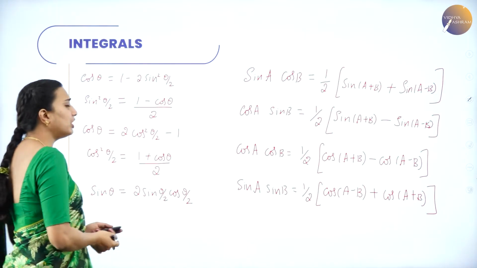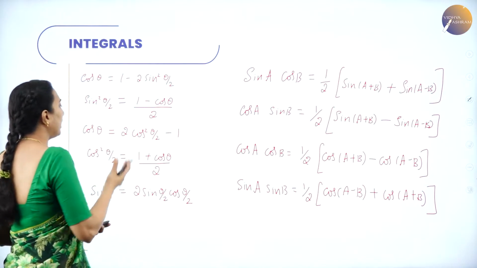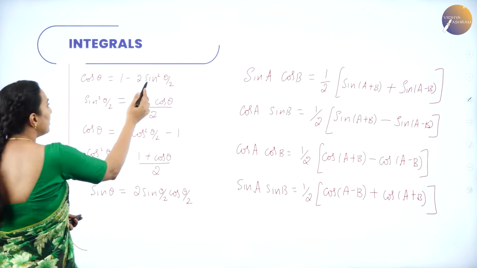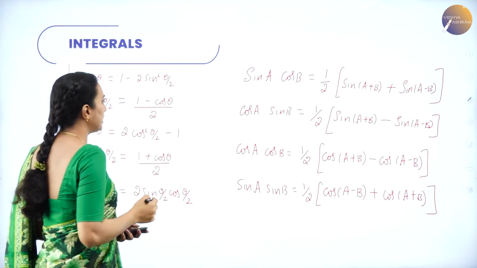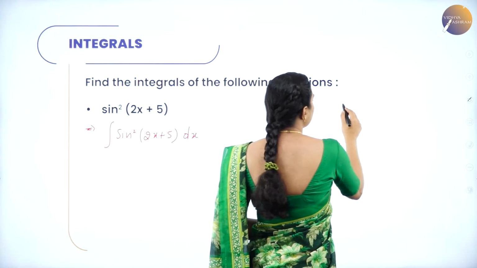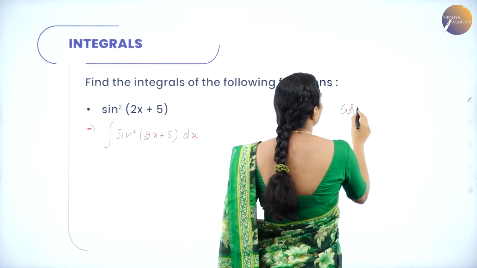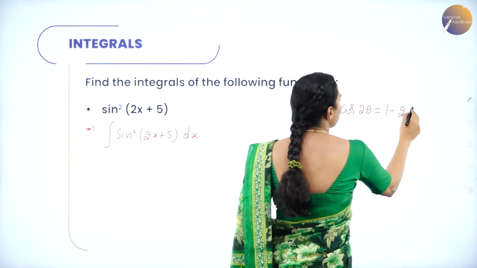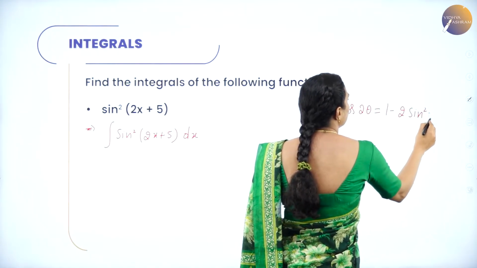See, cos 2 theta can be written in the form of 1 minus 2 sine squared theta, isn't it?